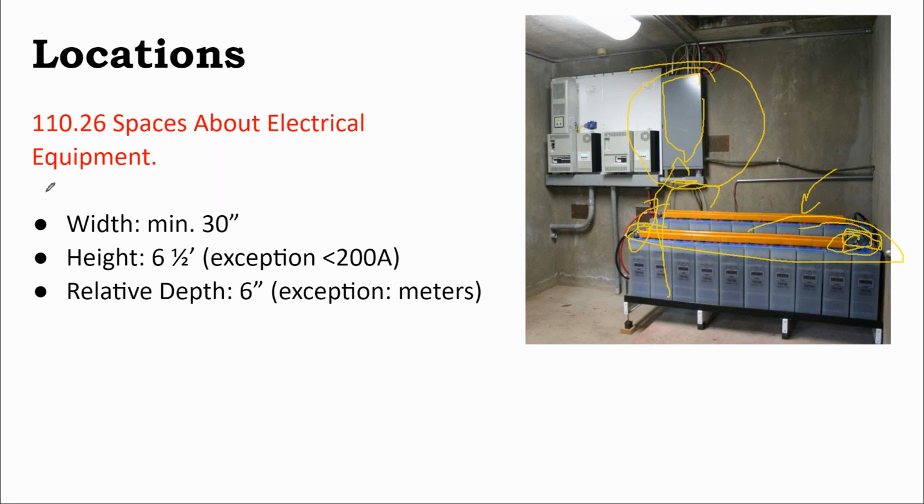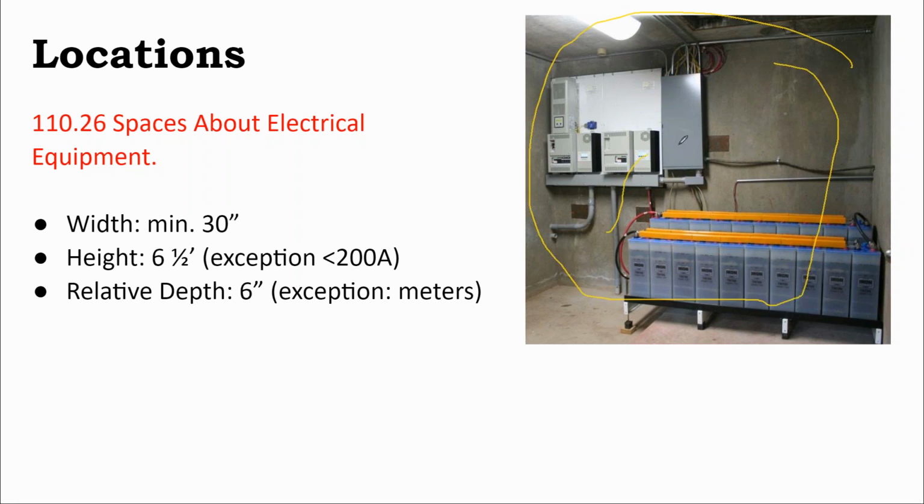And okay, on the one hand, it could be easy to see how they got here. They just had a very limited amount of space, but that's a safety hazard. So in code, it says you can only have a 6-inch relative depth between one piece of electrical equipment and another piece of equipment that's above or below it in that same space.